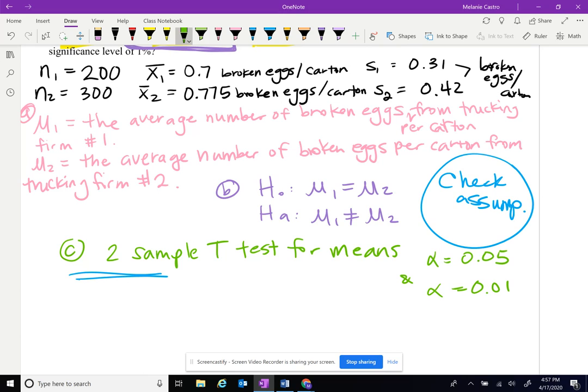So sometimes that p-value will be rejected at the 5% level, but not at the 1% level. Like if your p-value is 0.04, you would reject at the 5% level, but you wouldn't at the 1% level. So little trick type stuff for that.